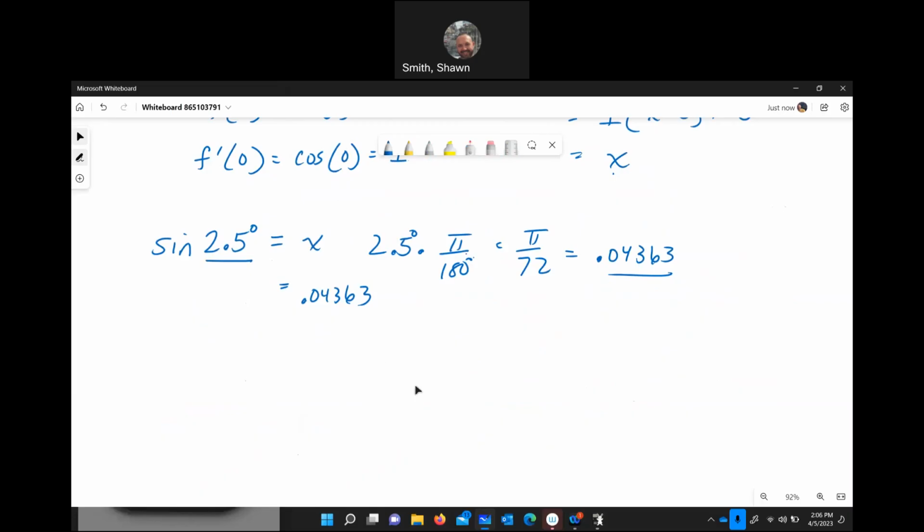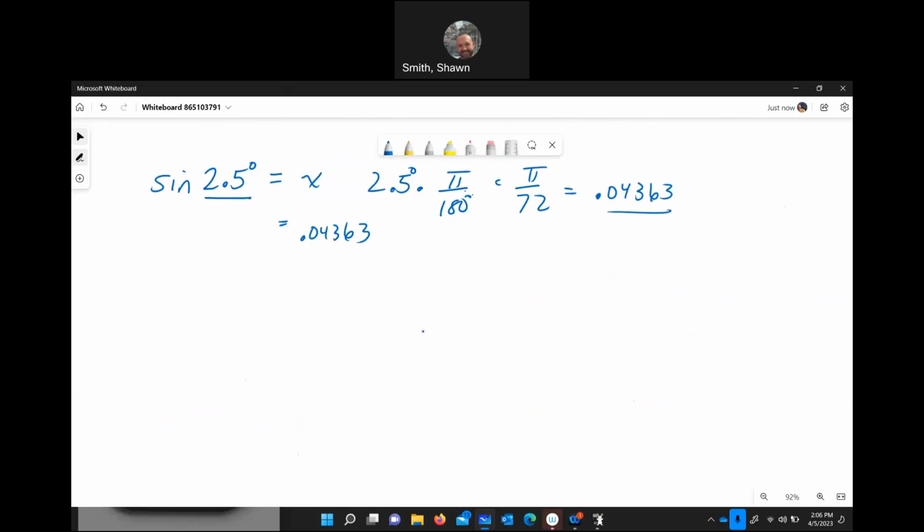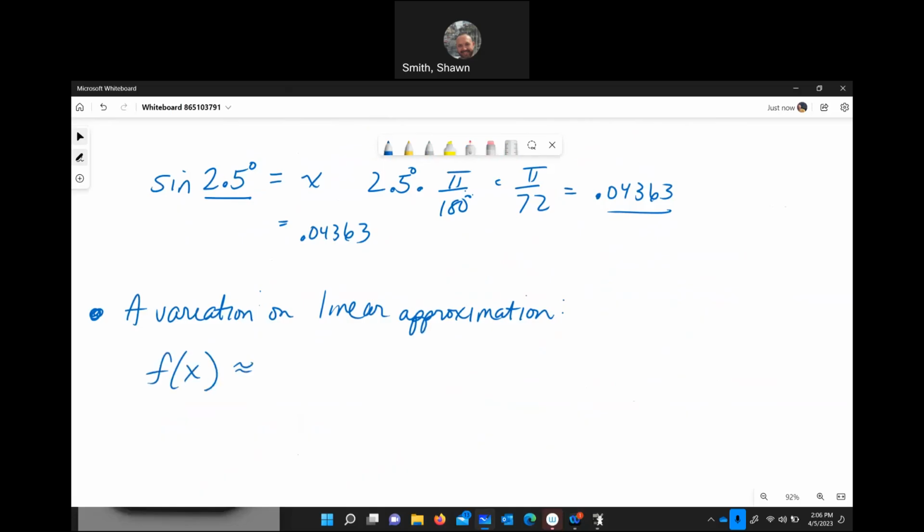All right, a variation on linear approximation. We know our function f of x is approximated by the linear approximation function, which we just saw again, f prime at a times x minus a plus f of a.